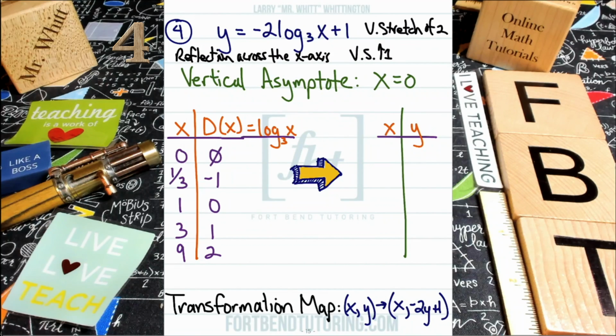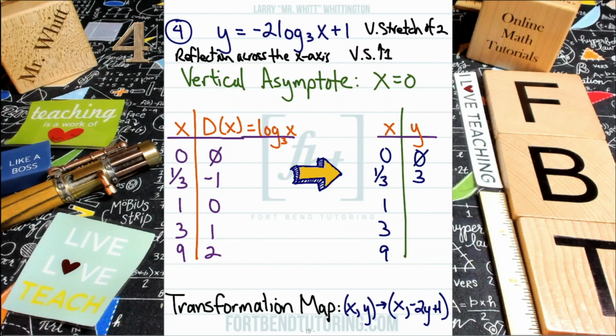Okay, so what you can do with this then is just bring over all of your x values. You'll have the 0, the 1/3, the 1, the 3, and the 9. All of that remains the same. And then by multiplying the y values by -2 and then adding 1, remember if it's undefined to begin with, it'll stay undefined. But when it comes to the -1, -2 times -1 is 2, and then 2 plus 1 gives you 3.